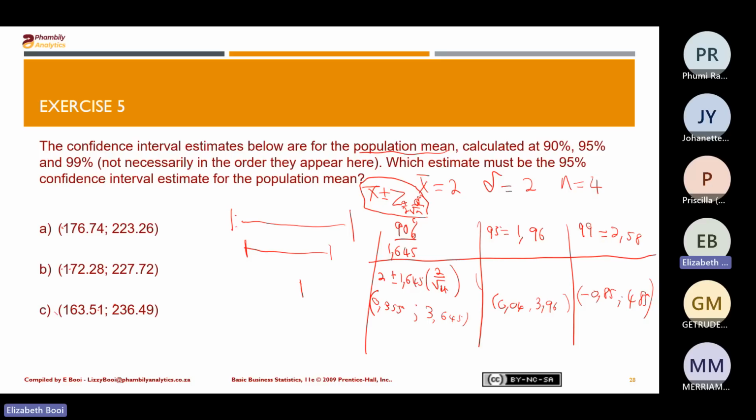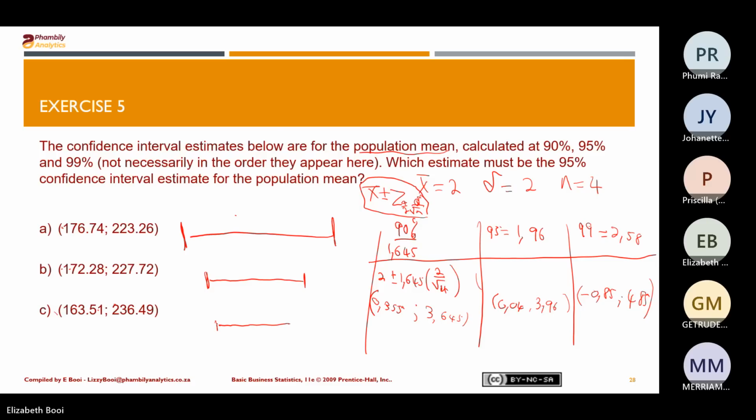Now, I'm going to take these values that I just made up and put them on the scale. Let me redraw them again so that I can paste them out nicely. At the top, I'm going to use my example. At the bottom, I'm going to lay out these values that we have here. So let's look at each limit.